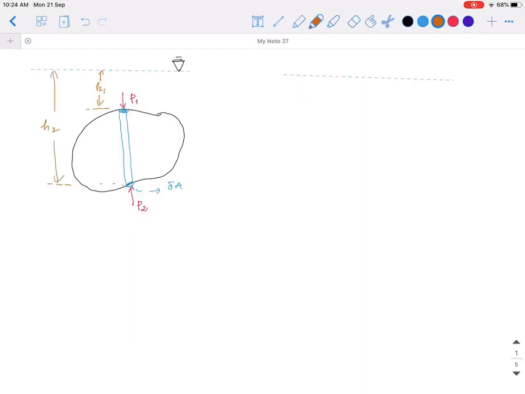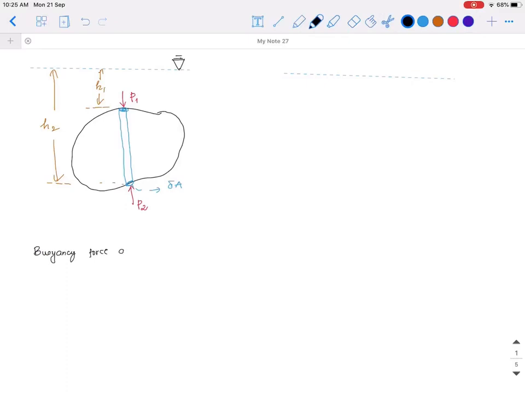So the buoyancy force on the element, let us denote this as delta FB, would be P2 minus P1 times delta A, the cross section.